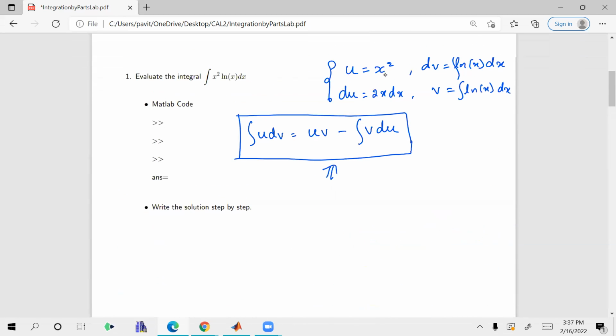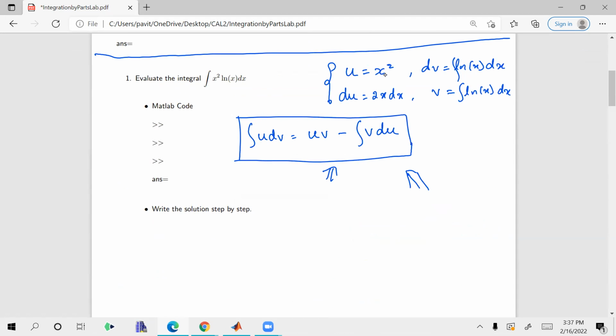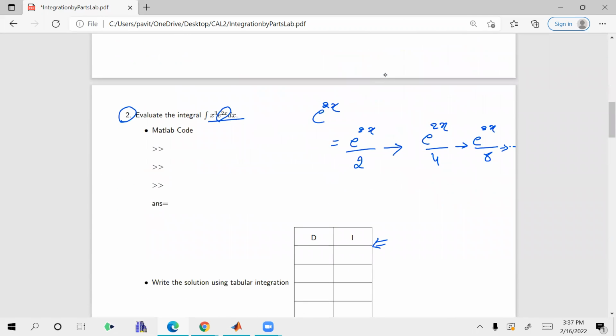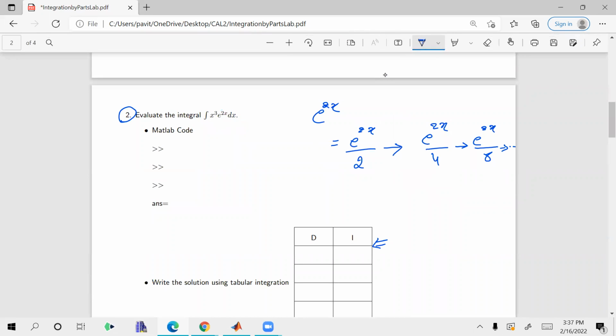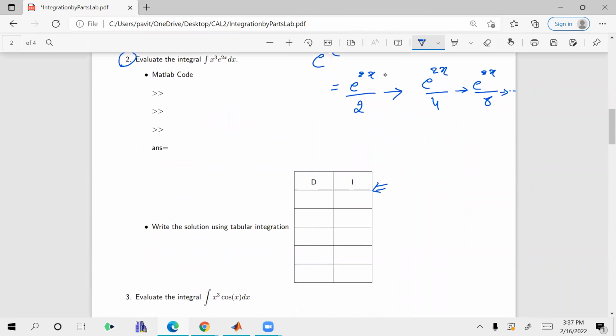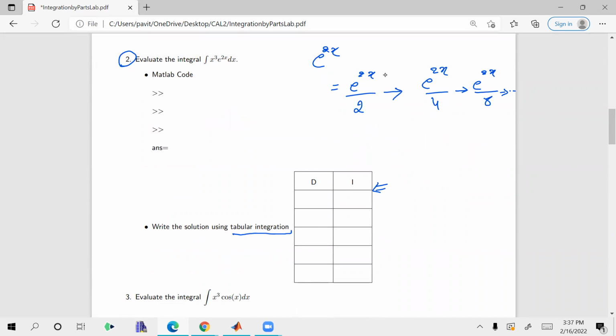So when you are using this formula, you can use this formula, but the problem is you have to apply this formula 3 to 4 times to find the solution here. Okay, so that's the reason we are going to use another integration method, that is tabular integration.